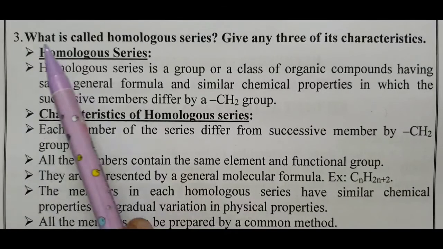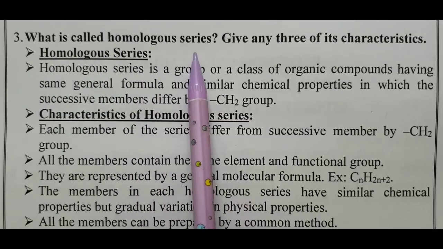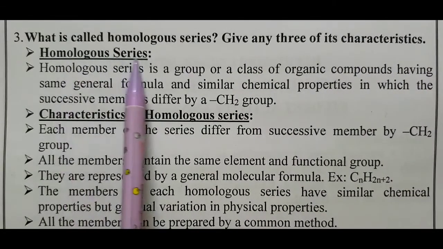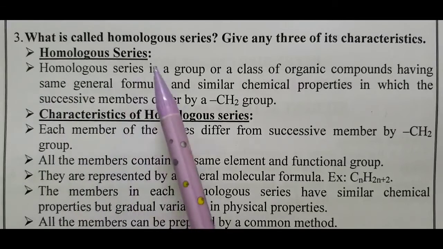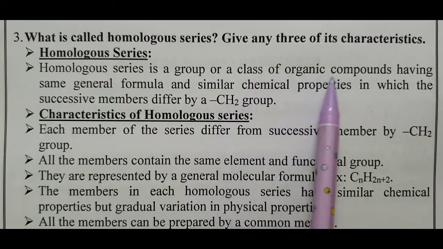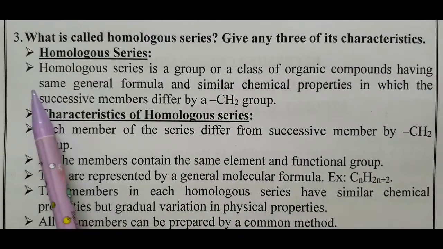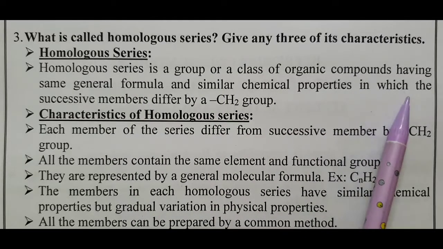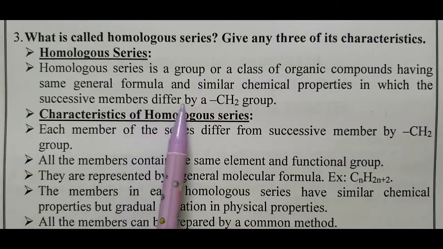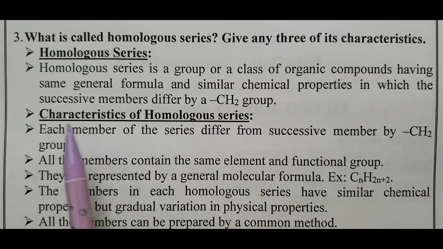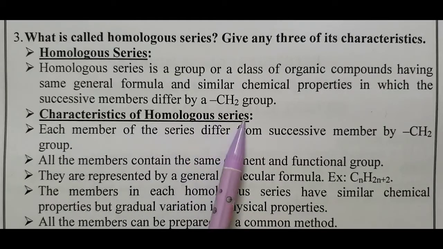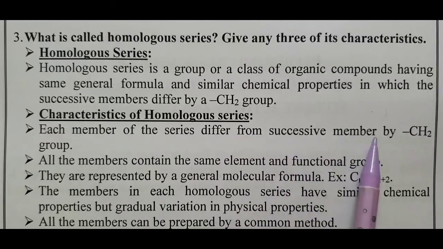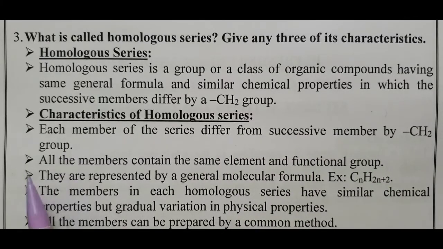Third assessment: what is called homologous series? Give any 3 of its characteristics. Homologous series is a group or a class of organic compounds having the same general formula and similar chemical properties, in which the successive members differ by a methylene group. Characteristics of homologous series: each member of the series differs from the successive member by a methylene group, CH2 group.